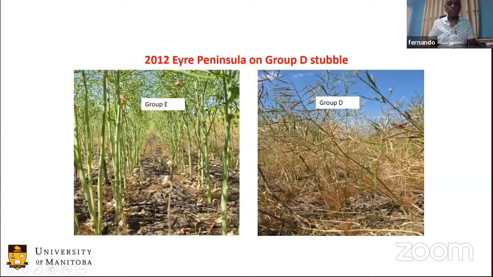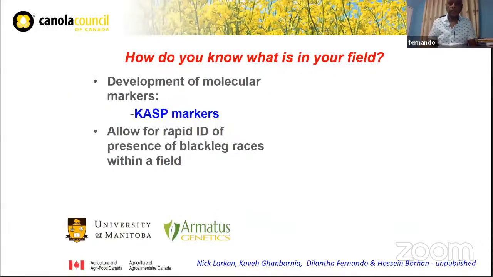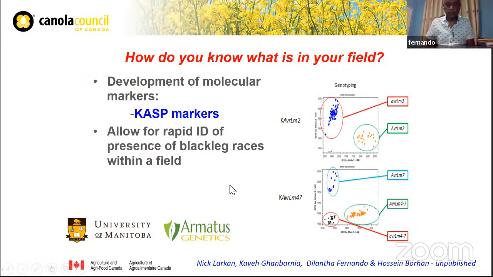Now, to make it further easy, one question you might have in your mind is how does the farmer come to know what AVR genes or virulence is present in their field? To do that, one of my postdocs, Dr. Kaveh Gambania, working in Dr. Hussein Bohan's lab, was able to develop CAPS markers that would separate and identify virulence from avirulence.